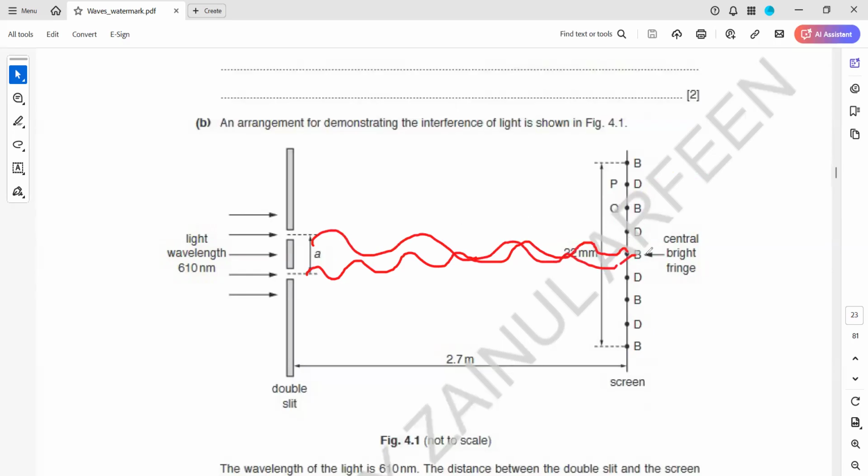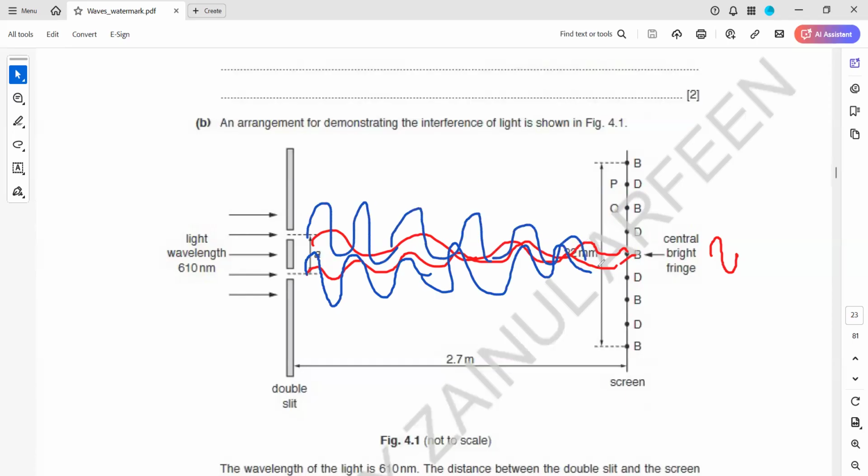So for example, this is a constructive interference, so this will be the resultant amplitude. Increasing intensity means we increase the amplitude. So if I use the same wavelength but a higher amplitude, the resultant wave will have a higher amplitude. So the bright will be much brighter than what it was originally.